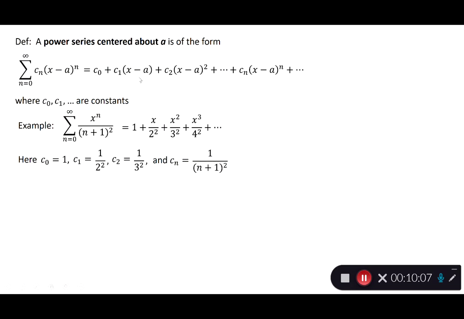Does it look like that? Yeah, it does. Sort of, right? Wait, what is C sub 0? Meaning, what's the constant? Oh, there is no constant. Oh man, there is no constant here. It's not a power series.